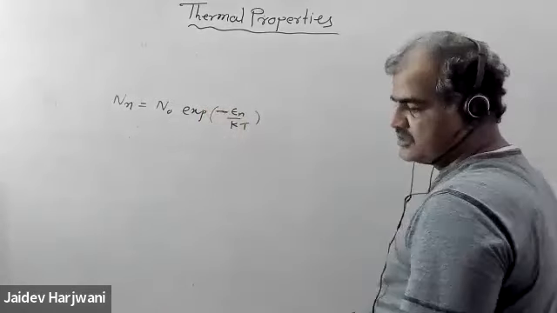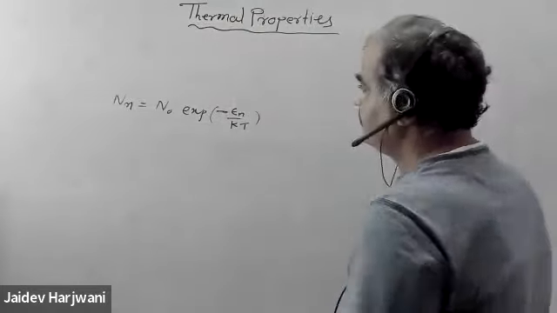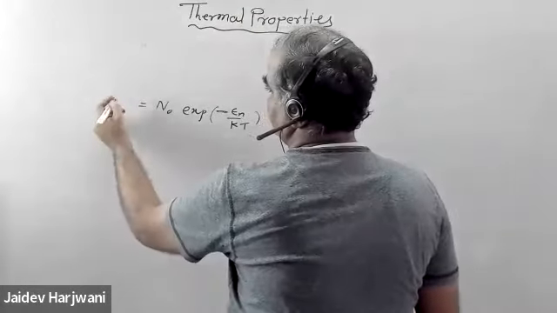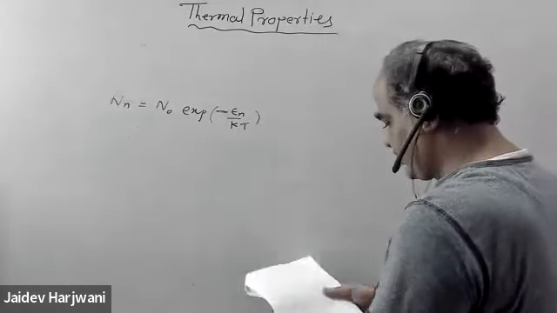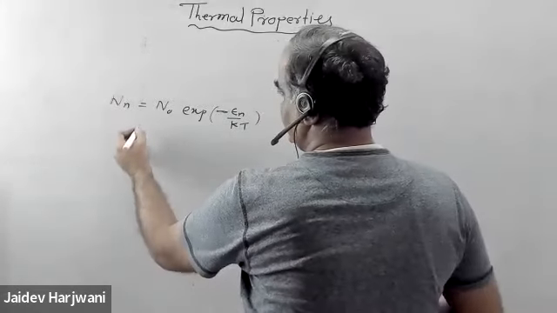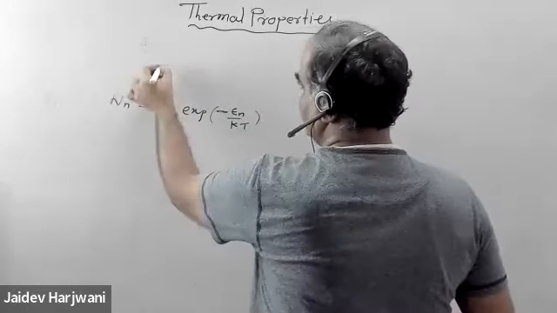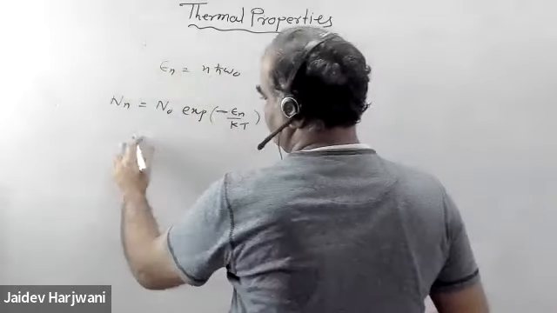If I use Maxwell-Boltzmann statistics, the Nn will be N0 exponential. If I want to calculate the total energy, here En is n h cut omega naught.